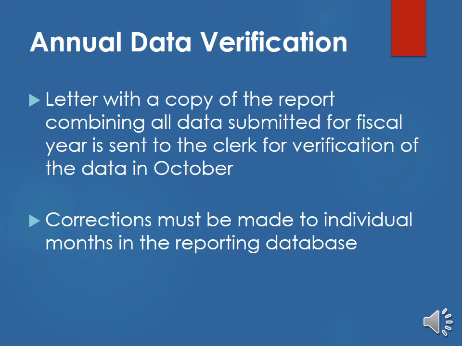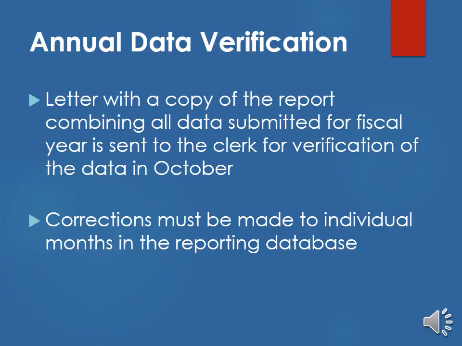So now that you have submitted and reviewed your reports, I want to go over what happens with the information. I mentioned earlier that the Judicial Information section publishes an annual report each year containing the information reported for all the courts in the state. Prior to publishing that information, we want to provide the clerks with an opportunity for a final review to make any necessary corrections.